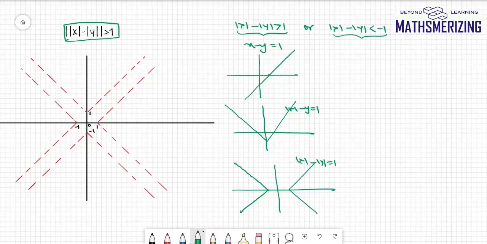Now I need to plot this inequality region. So I'll take the origin and put it there. So 0 is greater than 1, which is incorrect. So the region represented by this inequality is this shaded region.